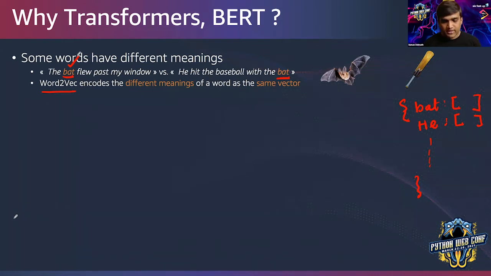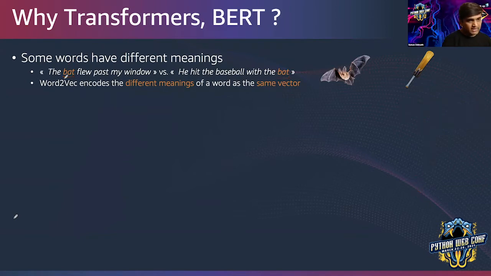Whenever it receives bat, it will just search its hash and take whatever vector representation is stored. So it will not have the context that bat is representing in the whole sentence. That was the most difficult part in word2vec, or the traditional way when we used to do NLP problems.